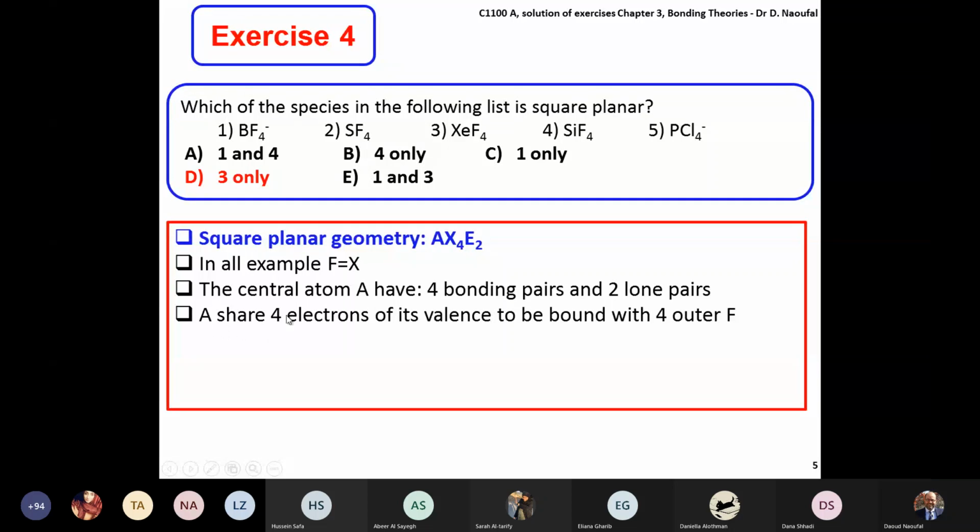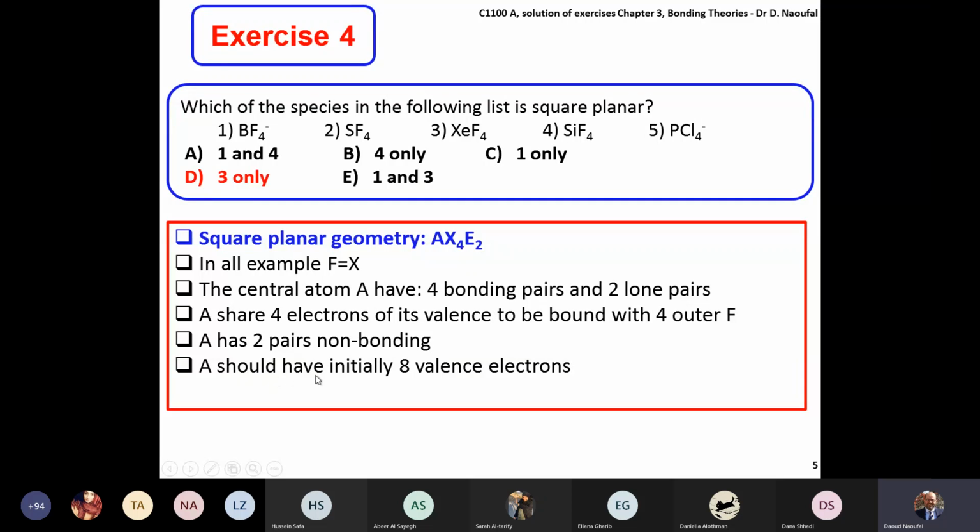So the central atom has 4 bonding pairs and 2 lone pairs. A shares 4 electrons of its valence, because A made 4 bonds, and A has 2 lone pairs. So around A, the total valence is 8, so A should initially have 8 valence electrons.